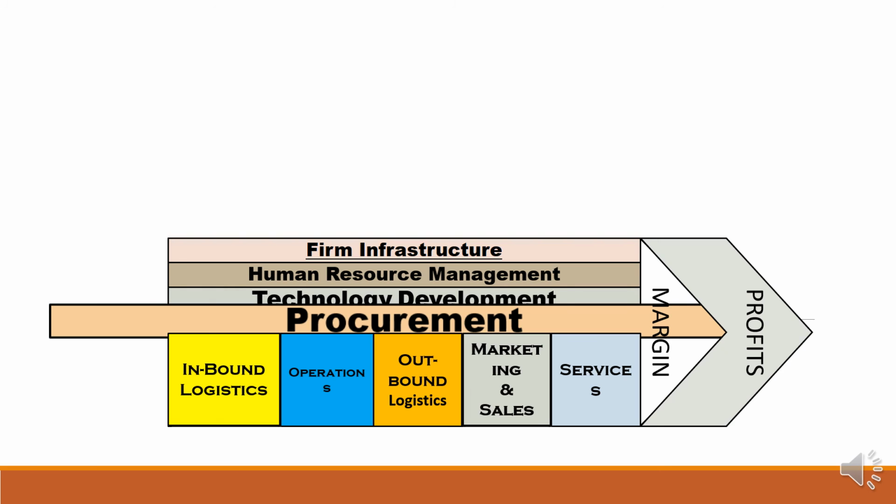Now, once the items have been produced and are ready for delivery, they go to our next step, the marketing and sales. Now, in the marketing and sales, that's where we see communication with the customers. We want to communicate to the customers that the goods that have been produced are actually going to meet their various needs.